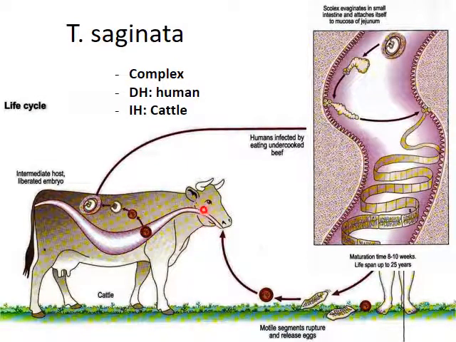When this cow ingests the eggs of Taenia, the eggs penetrate the intestinal wall, enter the bloodstream and enter into the muscular portions of the animal, wherein it develops into the larval form, that is the Cysticercus bovis. And again, when this undercooked or contaminated beef is ingested by humans, the cycle continues.